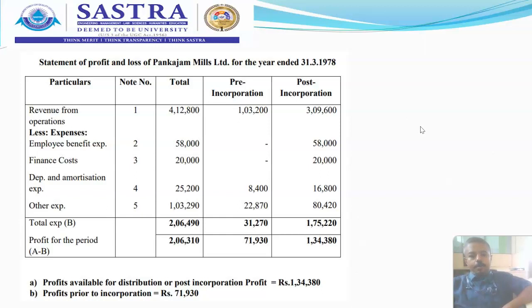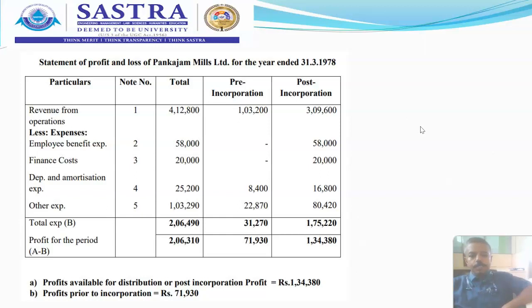Now add all the expenses. The total is 2,06,490, the pre-incorporation total is 31,270 and the post-incorporation total is 1,75,220.